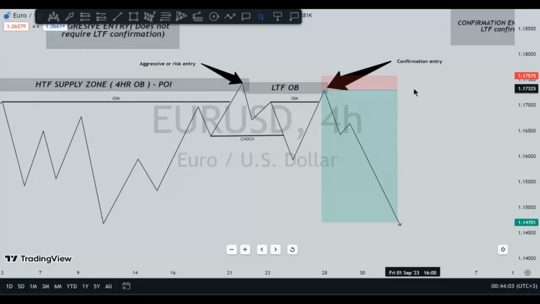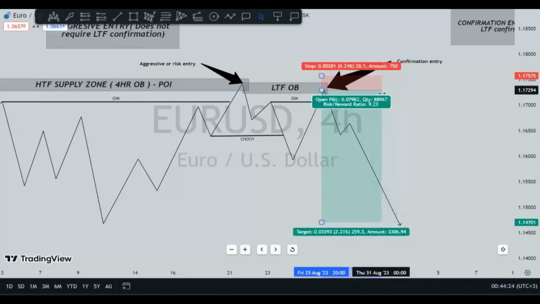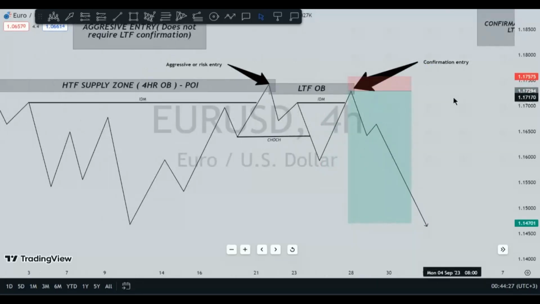and it makes you avoid some losses which you might incur due to aggressive entry on a higher time frame.